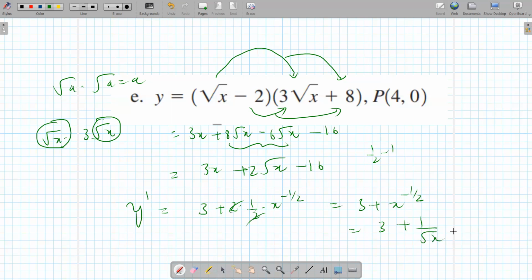What do you get if you put x as 4? If you plug x as 4, what do you get? 3 plus 1 over root 4. So 3 plus 1 over root 4, which is 3 plus 1 over 2.